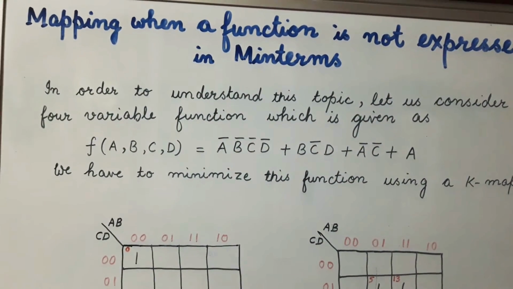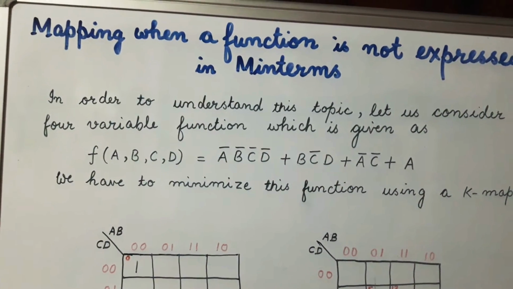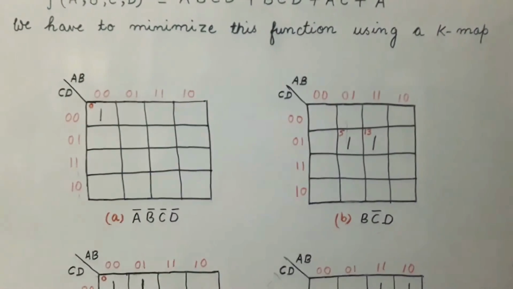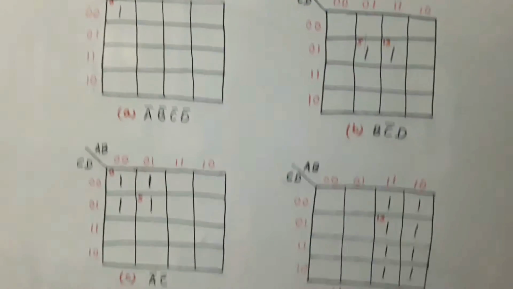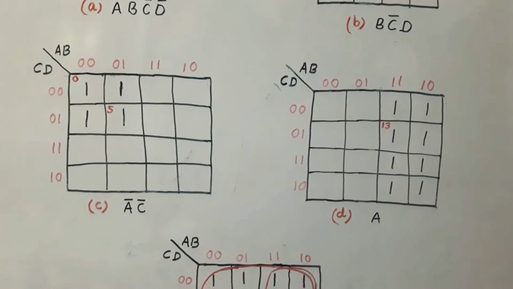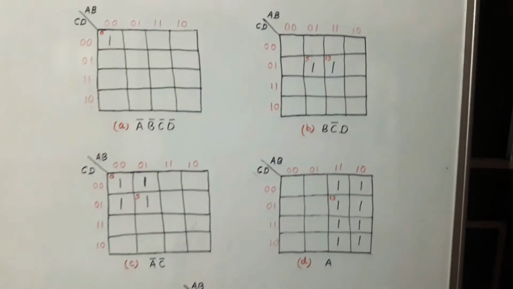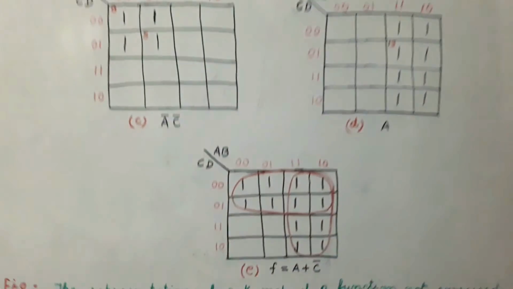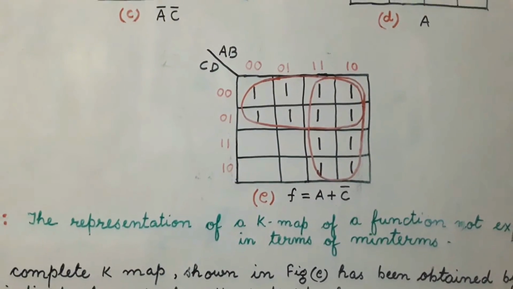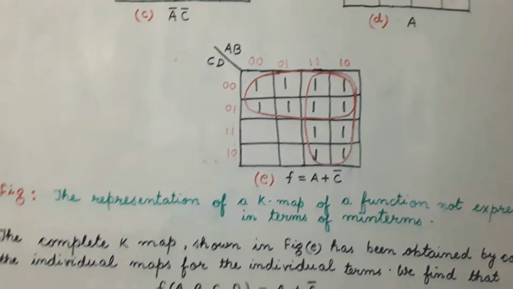To understand this in a better way, we have plotted all the 4 terms separately on 4 different k-maps as shown in the figure A, B, C and D. After plotting all the 4 different functions on 4 different k-maps, we have combined all the 4 into a single k-map as shown in the figure E. Now we will discuss all the 4 terms one by one.